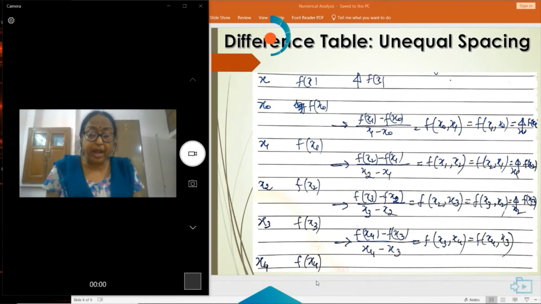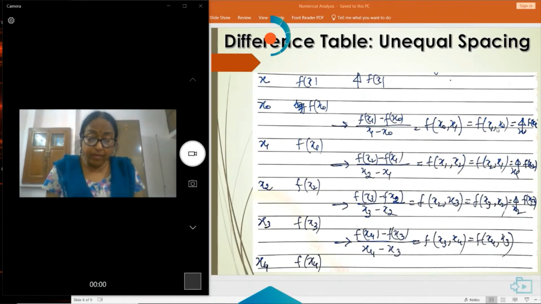Now, to prepare the difference table for unequal interval, we write (f(x1) minus f(x0)) divided by (x1 minus x0), and we call it f[x0,x1] or f[x1,x0]. Both are the same.